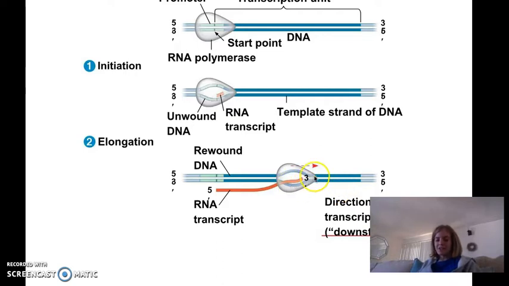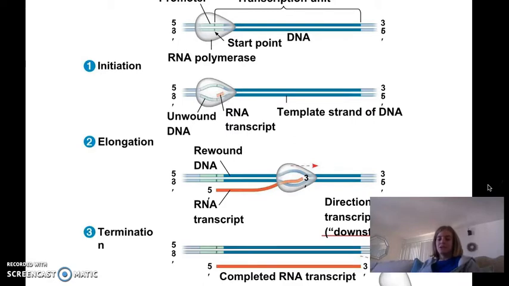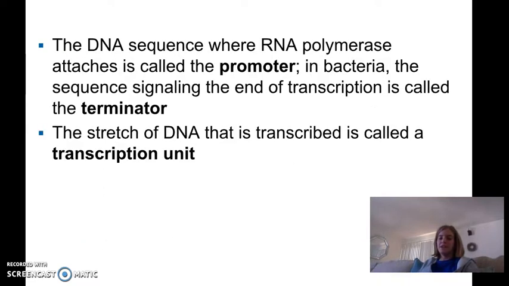It adds nucleotides, boom, boom, boom, to the 3' end of the growing RNA molecule. And then finally, we have something known as termination, where RNA polymerase comes off and the completed RNA transcript is finished. In bacteria cells, you will see a terminator, similar to the promoter, that signals the end of transcription, but that's only in bacteria cells, not eukaryotic cells.